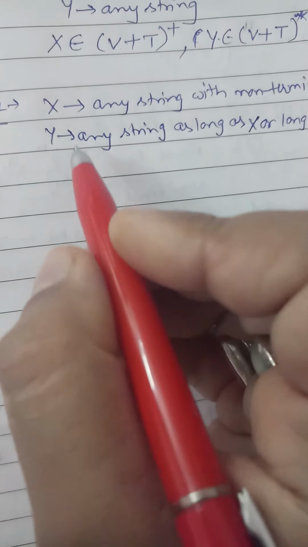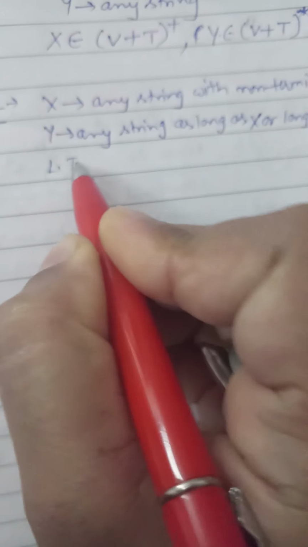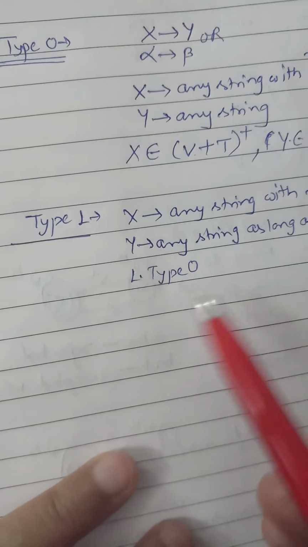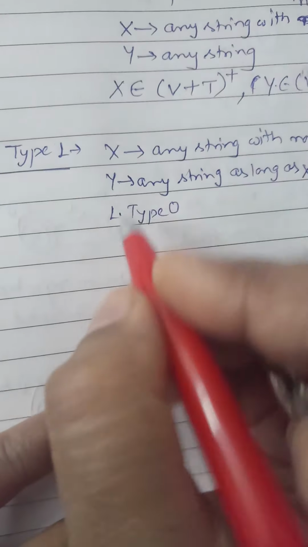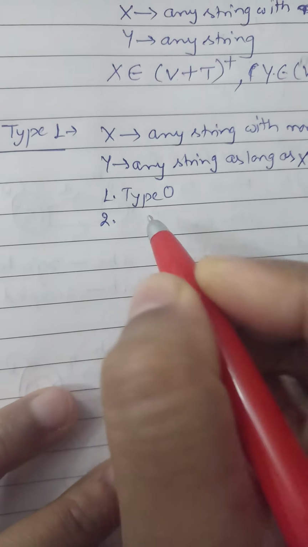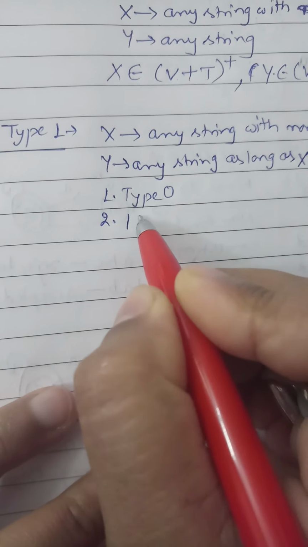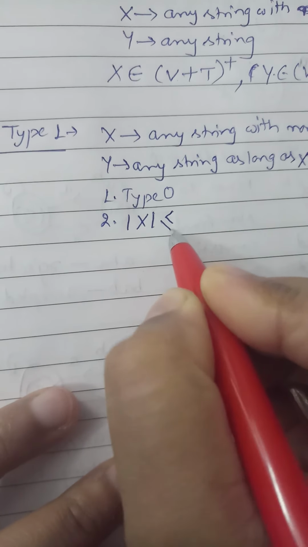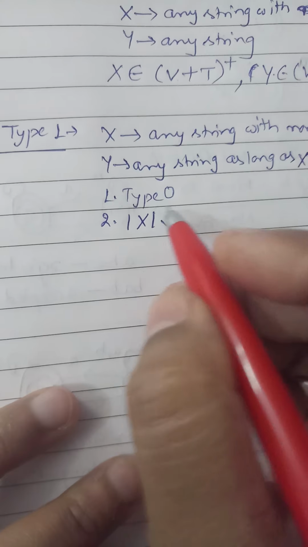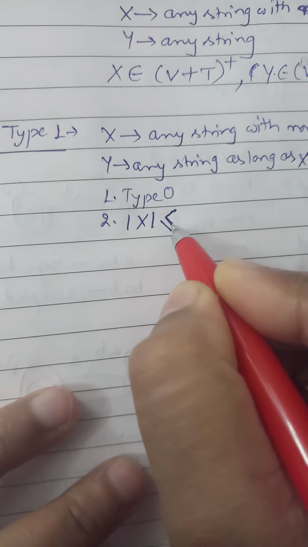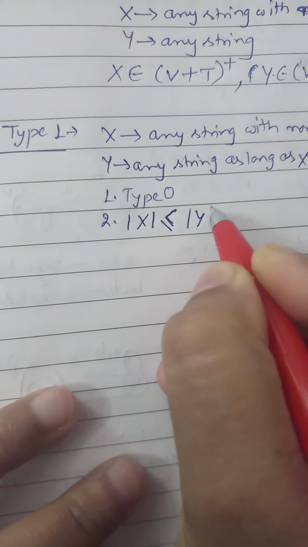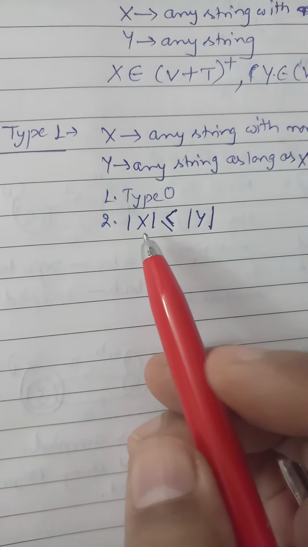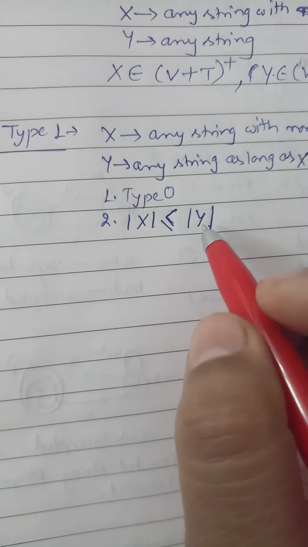So what quality does it have? The first one, it has type 0 quality. Whatever quality we have in type 0 grammar, it has in type 1 grammar. And the second thing, the length of x is always less than or equal to the length of y.